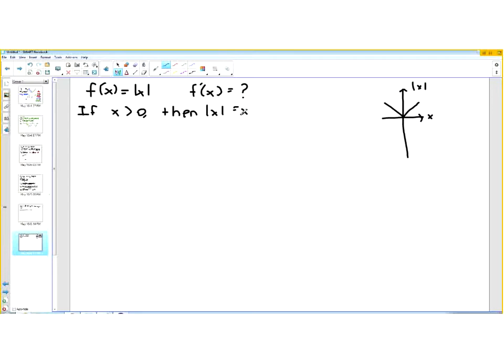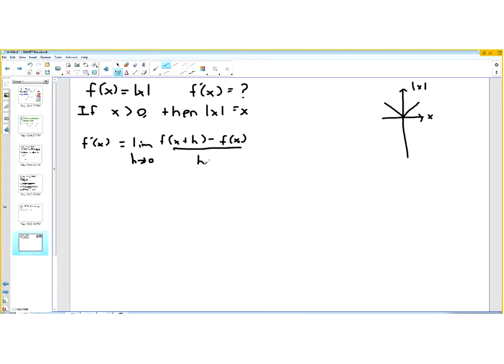Okay, the way I'm going to deal with this is we're going to use the difference quotient. So we know that f prime of x is equal to the limit as h approaches 0 of f of x plus h minus f of x over h.